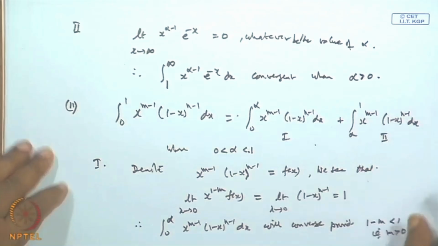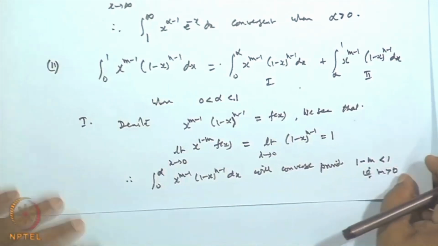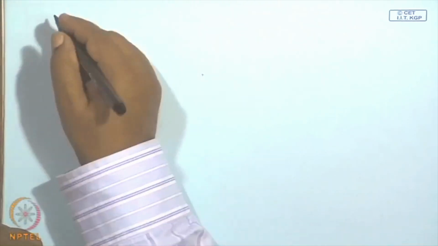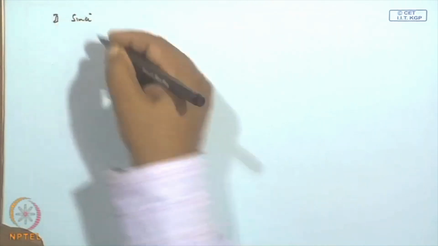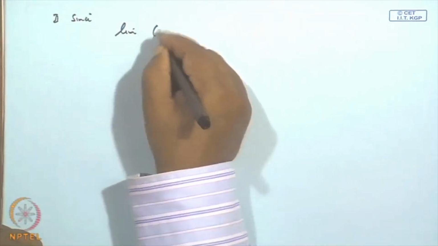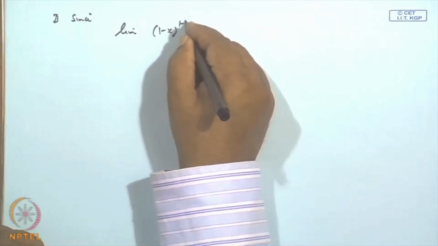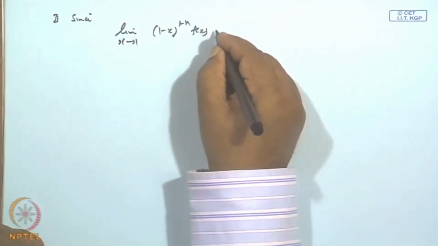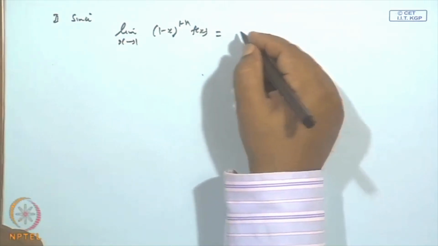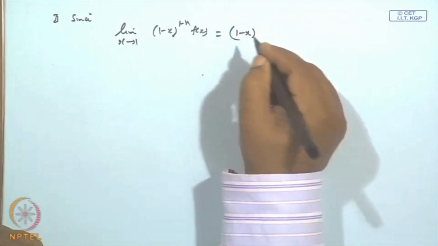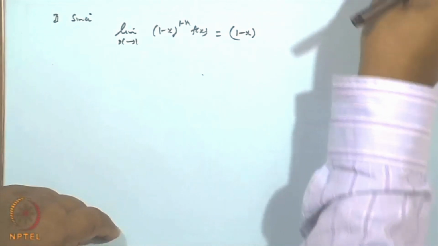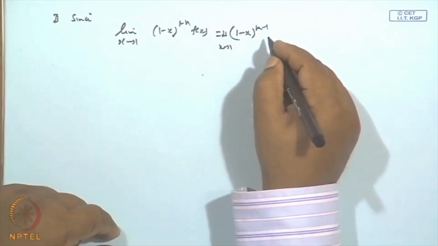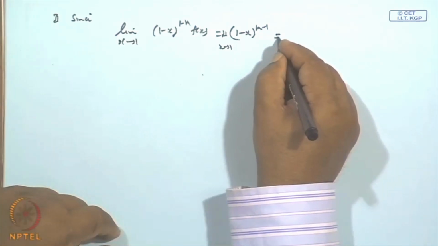Now the second part: the limit of (1 minus x) to the power 1 minus n times f(x) as x tends to 1 is nothing but the same as x to the power m minus 1 as x tends to 1, so it comes out to be 0.